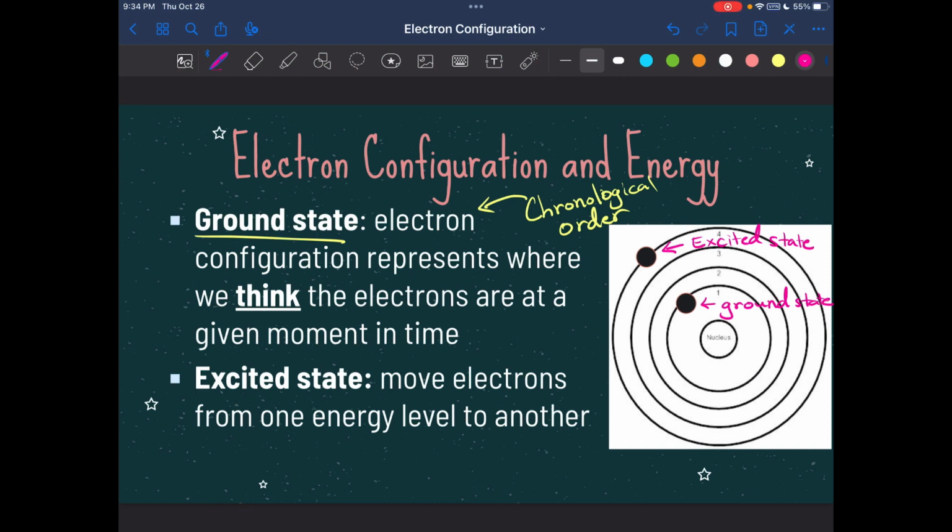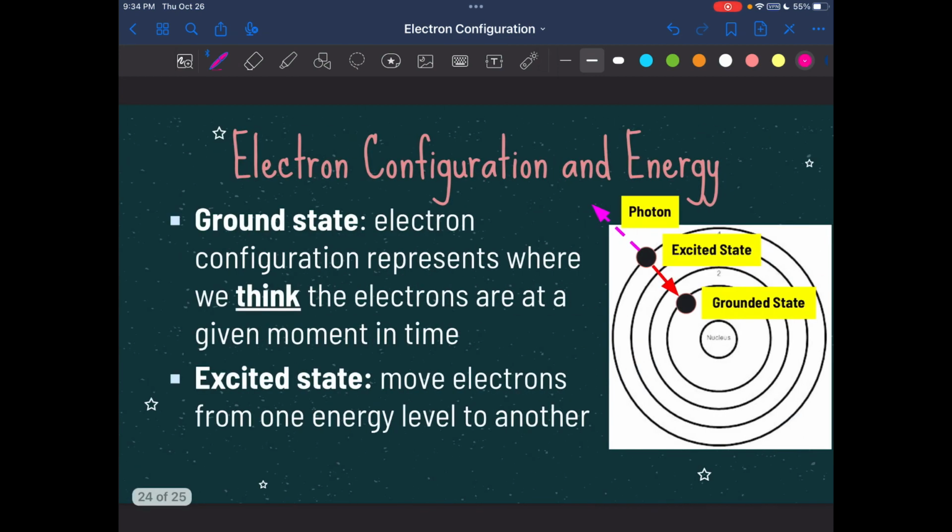Now, one thing you need to make sure is this. There are two scenarios. The first scenario is this. If the excited state wants to go down to the ground state, what's going to happen is the photon, which also means the energy, releases. Not gained, but releases. So if you lose energy, you go back to ground state.